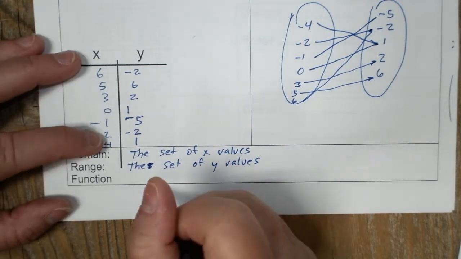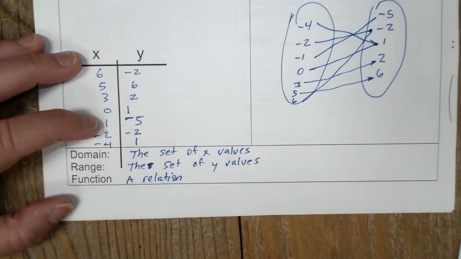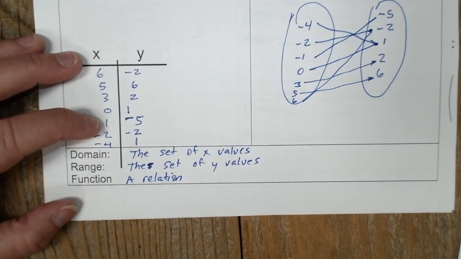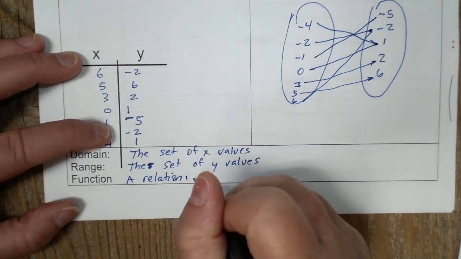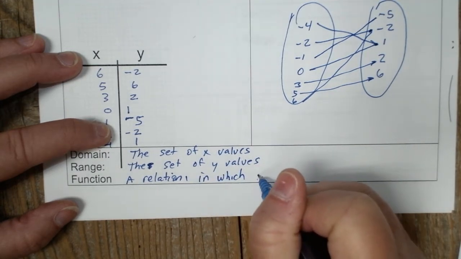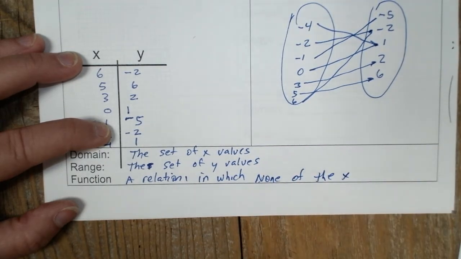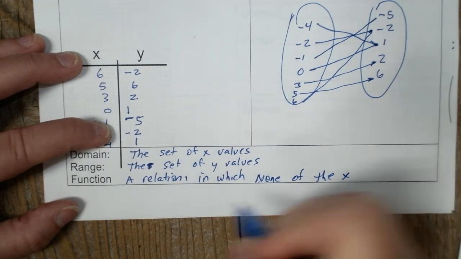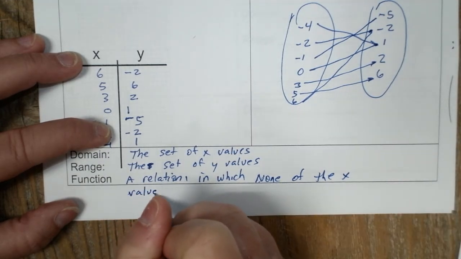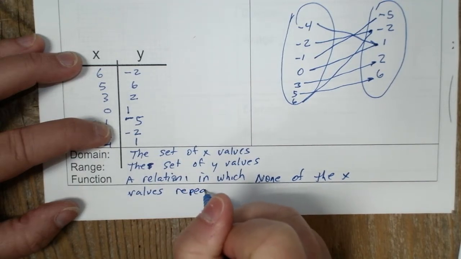Function: a relation, and remember that a relation is a set of ordered pairs, but ordered pairs can be a graph, and a graph can be a table, and a table can be mapping, but it is a relationship in which none of the x values repeat.